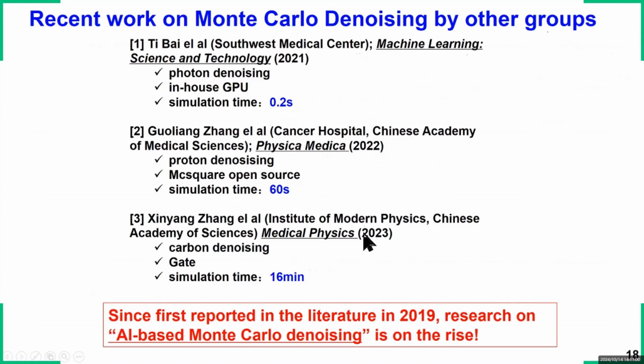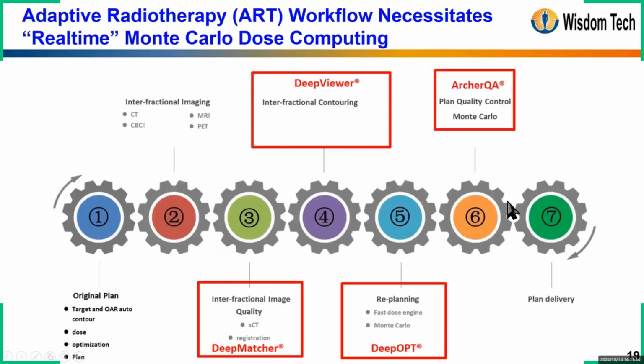Another group, also from China, the Institute of Modern Physics, investigated carbon ion denoising. They reported a calculation using the method that took 16 minutes. These two groups, number 2 and number 3, did not use GPUs for the dose calculation. That is why their time for the entire process is relatively long.